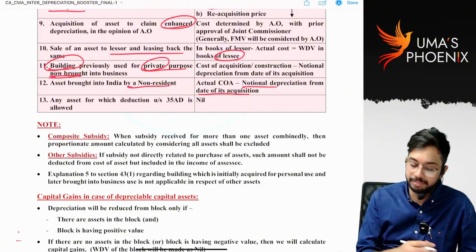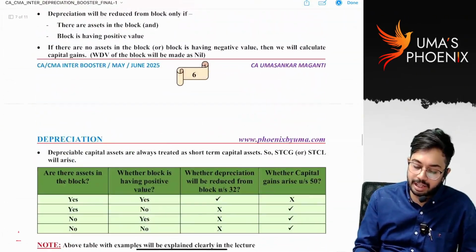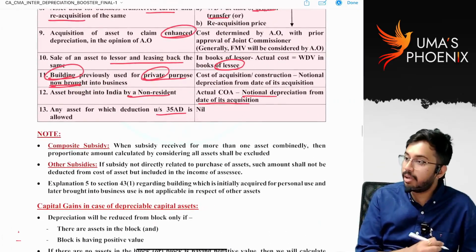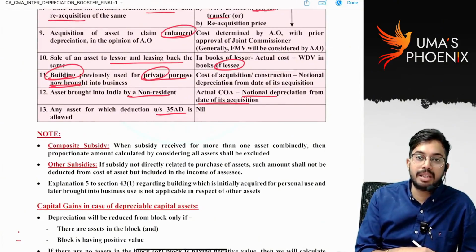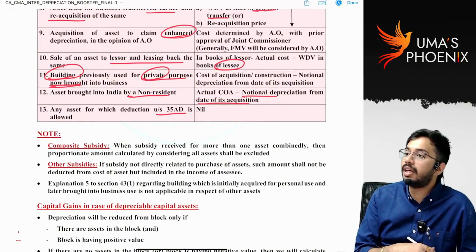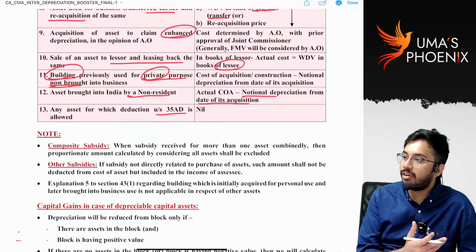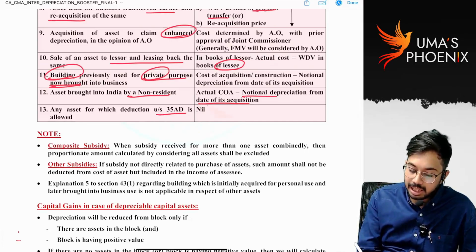Is it clear? Next. Any asset for which deduction under section 35AD is allowed. See, if deduction under section 35AD is claimed, then under section 35AD specified business, 100% of the cost of the asset is allowed as deduction. As 100% of the cost of the asset is allowed as deduction, the actual cost will be considered as nil.